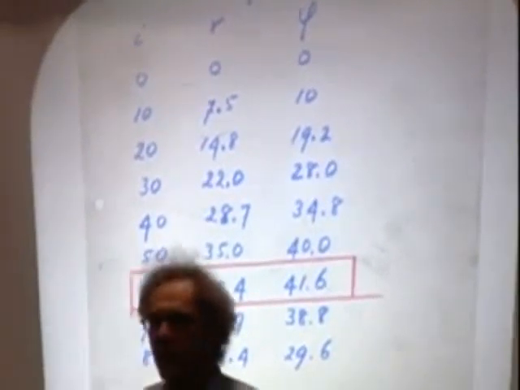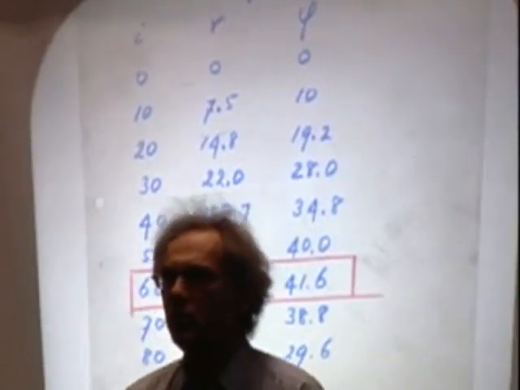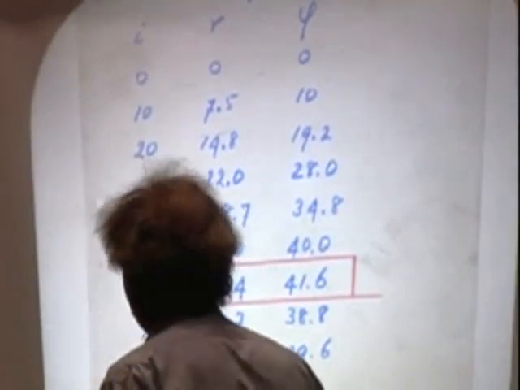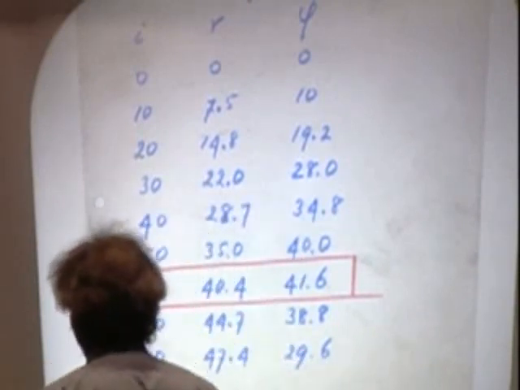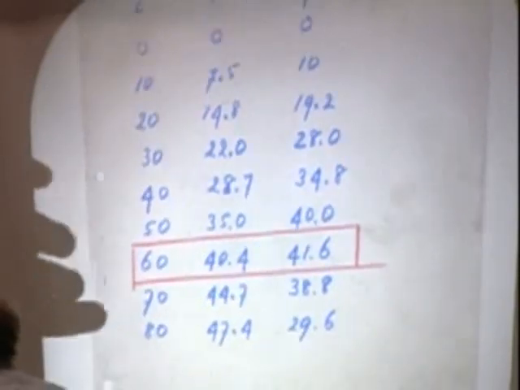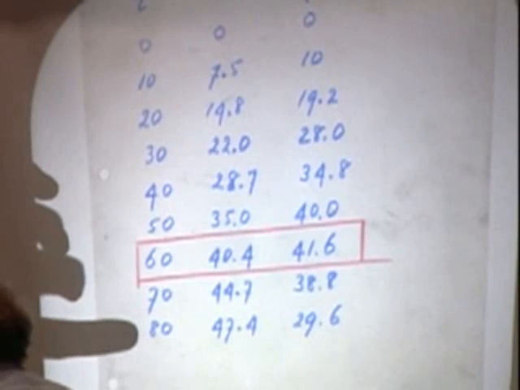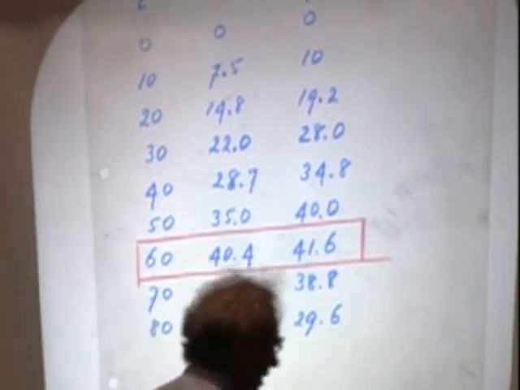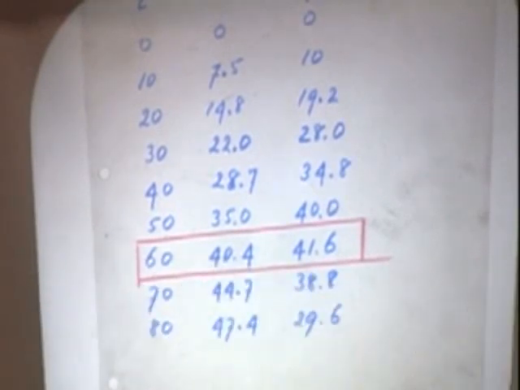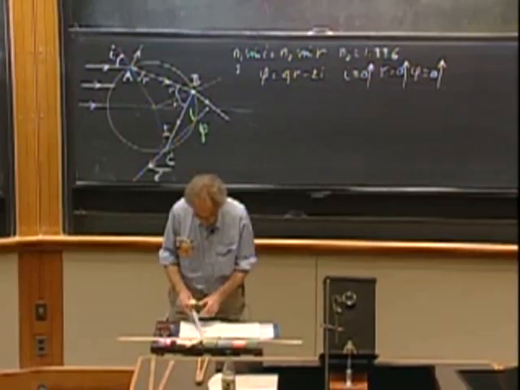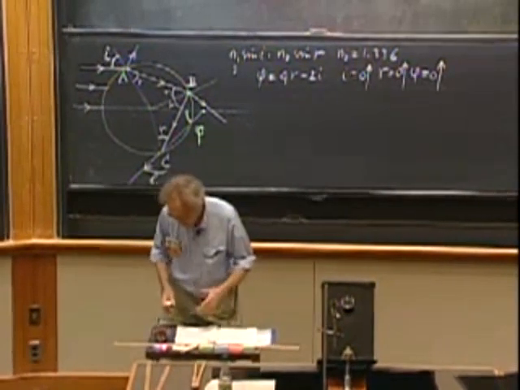But when you reach I of about 60 degrees, you see that phi reaches a maximum, which is somewhere near 41.6 degrees. And look, when I is 70 degrees and 80 degrees, that phi is distinctly lower. And this now is going to be a key point in our rainbow.